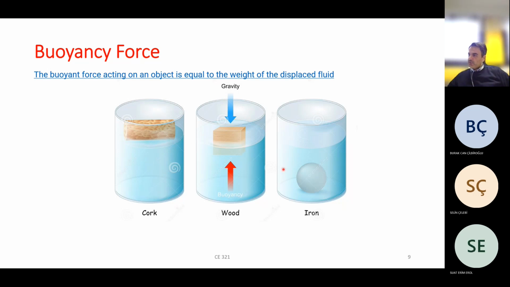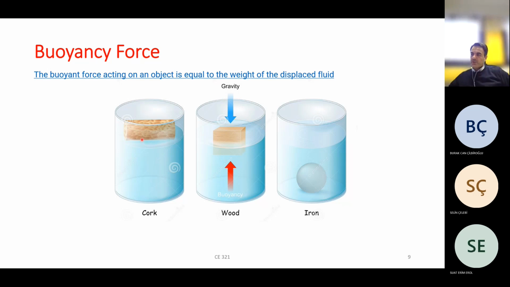Here in this figure, you see that the reason any object goes into the water is its weight. And buoyancy force is a force against weight, a force from the water on the object upward, that resists the object falling into the water.